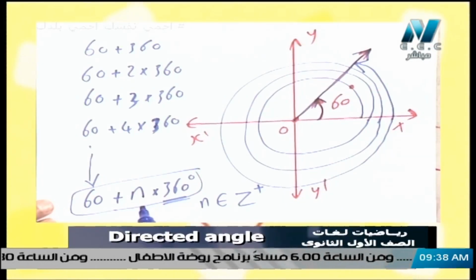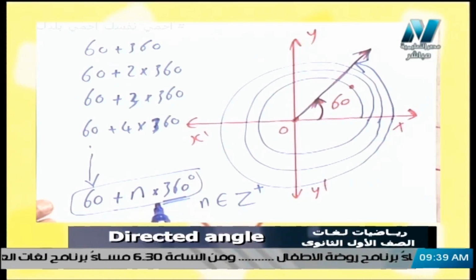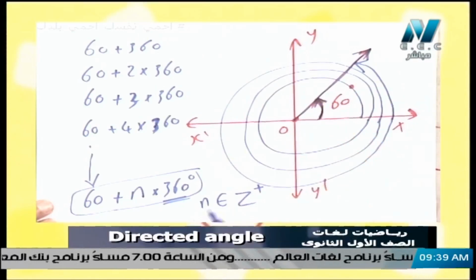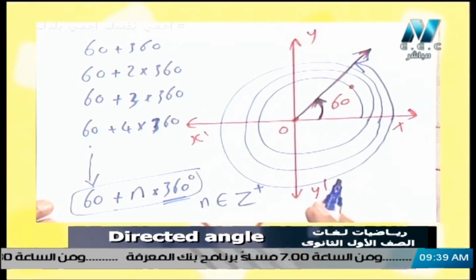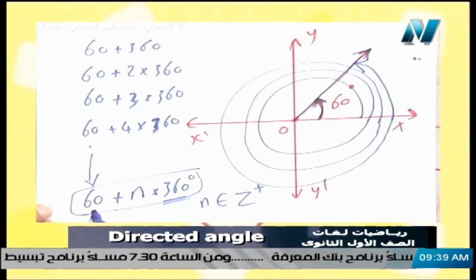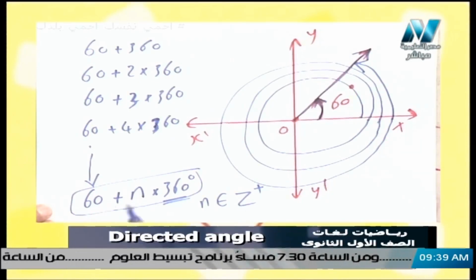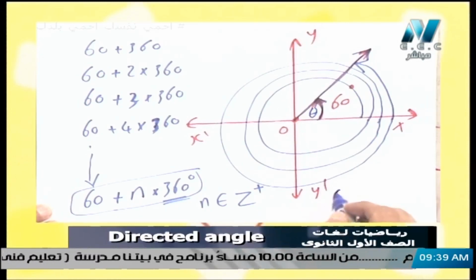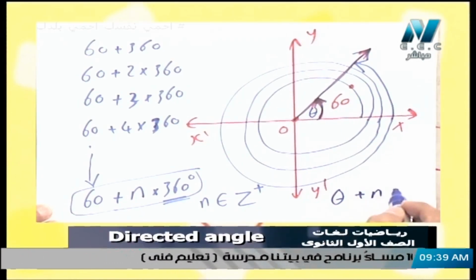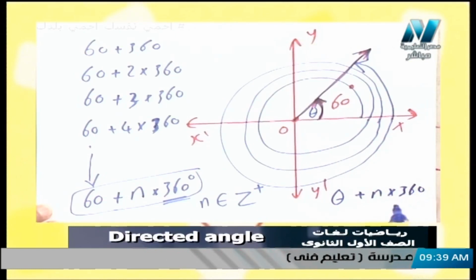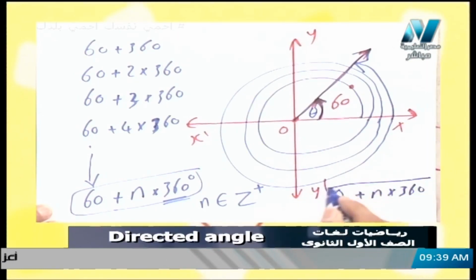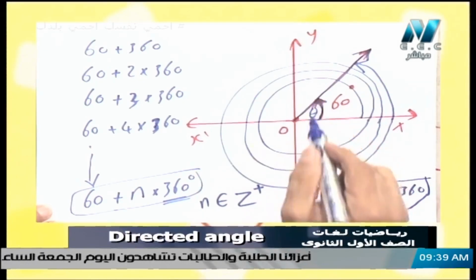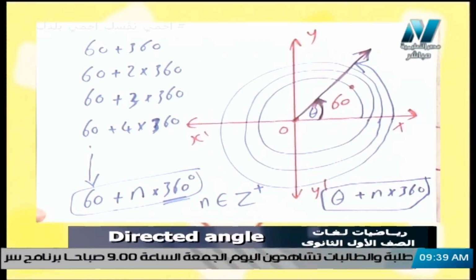Of course, there is an infinite number of equivalent angles for this angle or for any angle. If this angle is called theta, not only 60, it will be theta plus n multiplied by 360. These are all the equivalent angles to the angle theta.